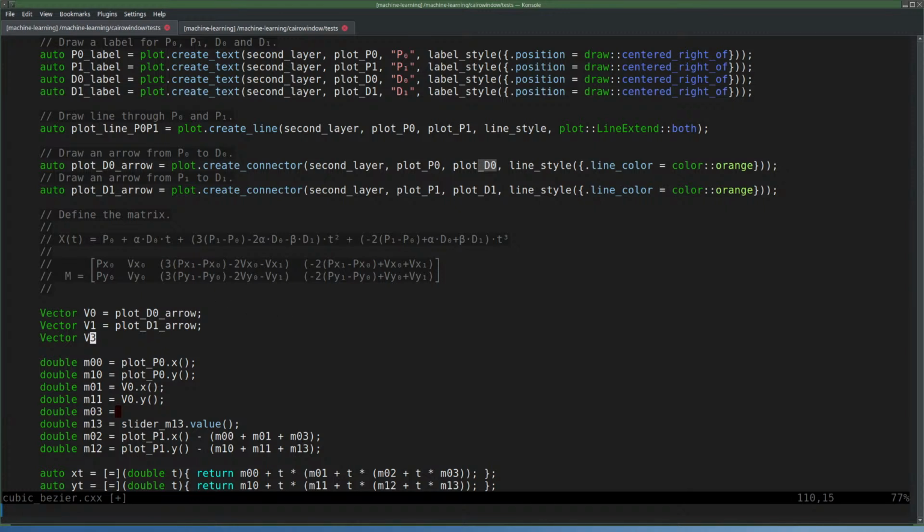Let's call it 2. The 2 of t squared. So this V stands for velocity and this V stands for vector. Do not be confused. That would be then 3 times P1 minus P0 minus 2 times V0 minus V1.